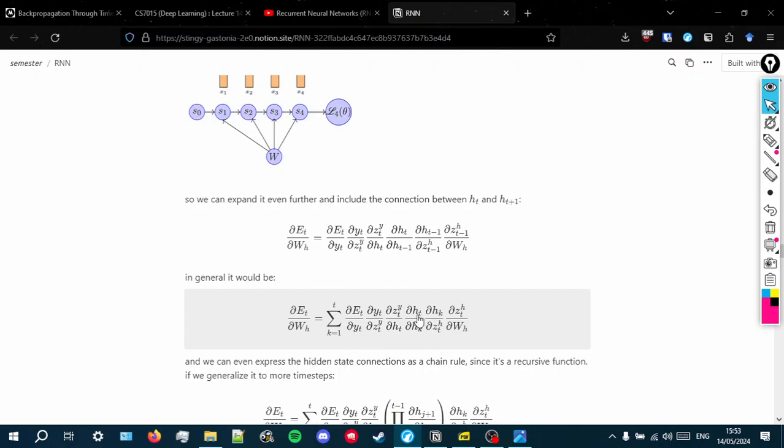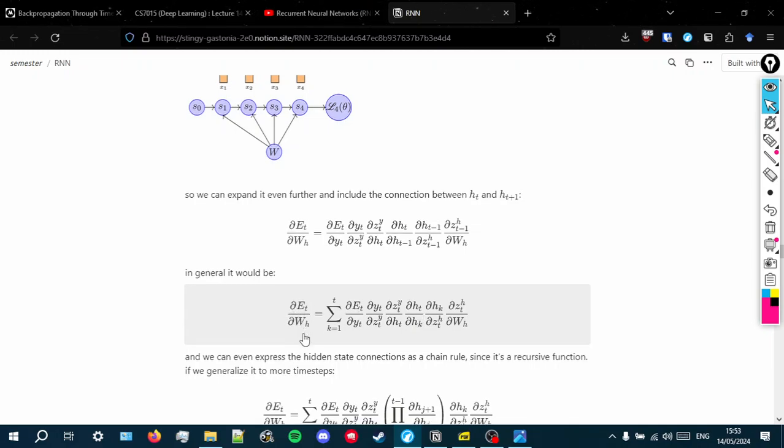If we're at time step 4, for example, we're going to look at 4 to 3, 3 to 2, 2 to 1. Some resources say 1 to 1, but that's just going to be 1 in the end. The idea is that all of these hidden states are connected together, and all of them are connected to Wh as well, which is what we want in the end. We want to find the relation between the error and Wh.